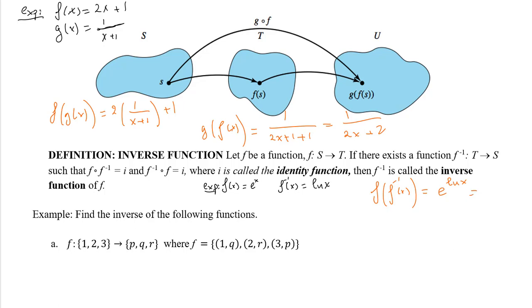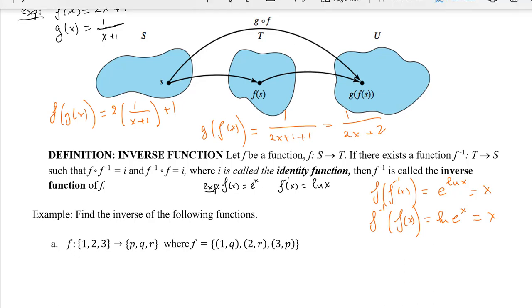And e with the ln gives me just x, which is the identity. Also, the inverse of f, I start with the inverse, and in my example, I call the inverse ln. So ln of e to the x is just x. And therefore, this is the identity that we're talking about. So if f of f inverse and f inverse of f are equal to the identity, therefore the two functions are inverses of each other.